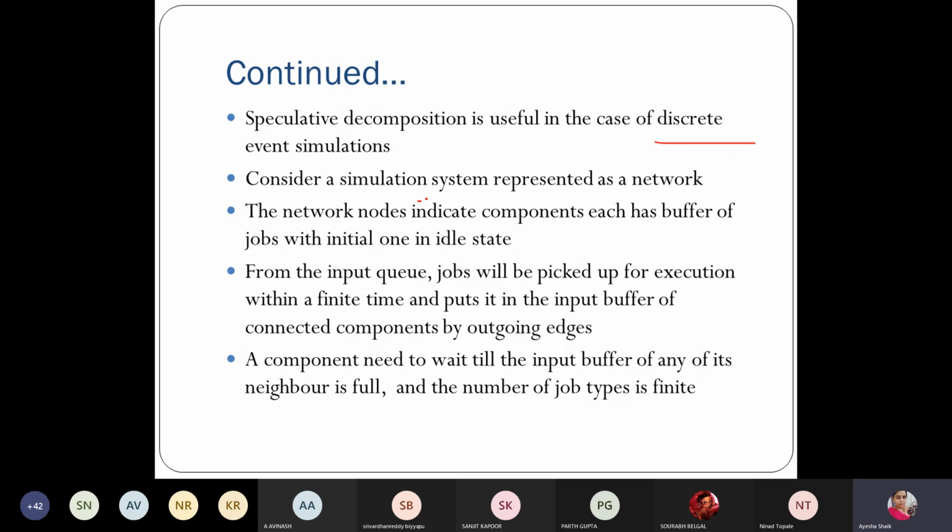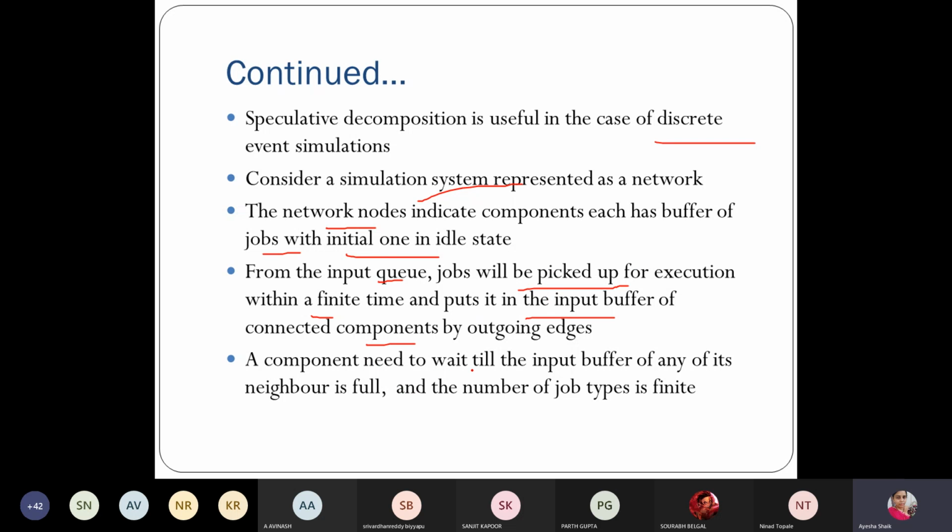If we consider the simulation system as a network, the network nodes indicate the components, each has a buffer of jobs with initial one in either state. From the input queue, jobs will be picked up for execution within a finite time, and they will put it in an input buffer of connected components by the outgoing edge. So we need to maintain a buffer here.